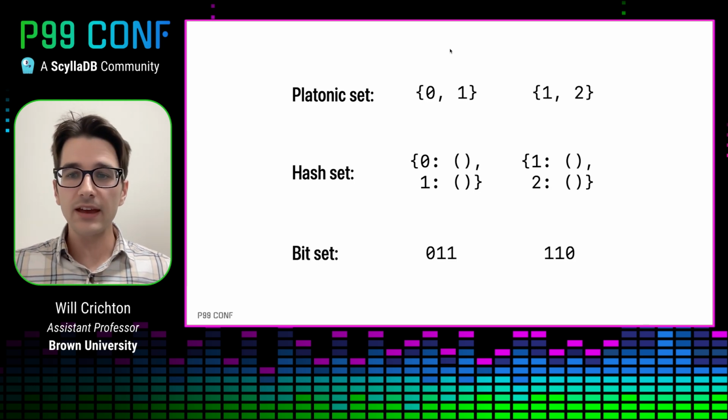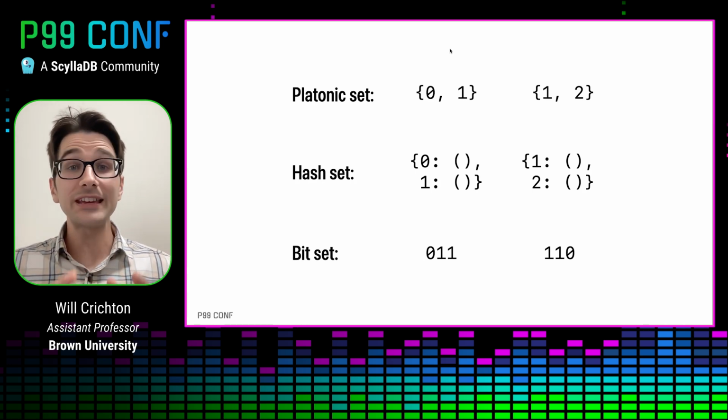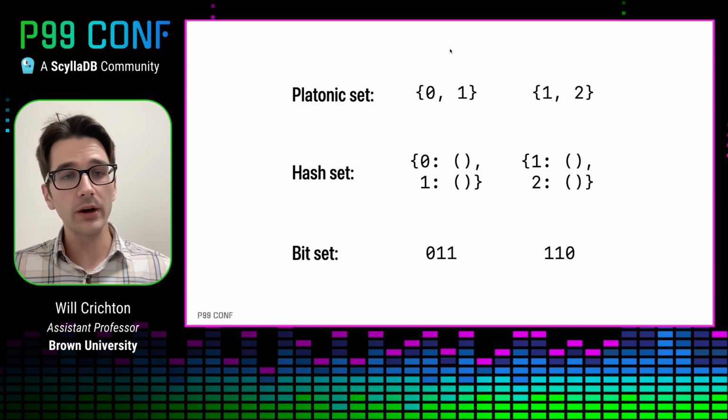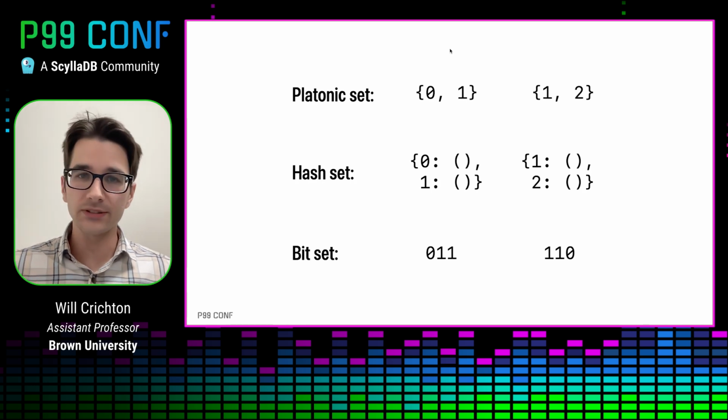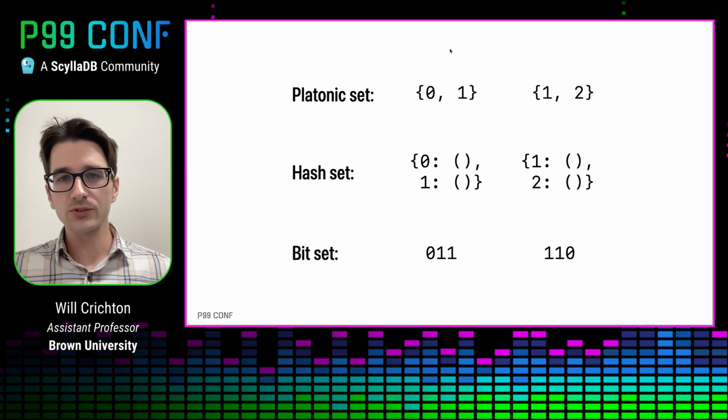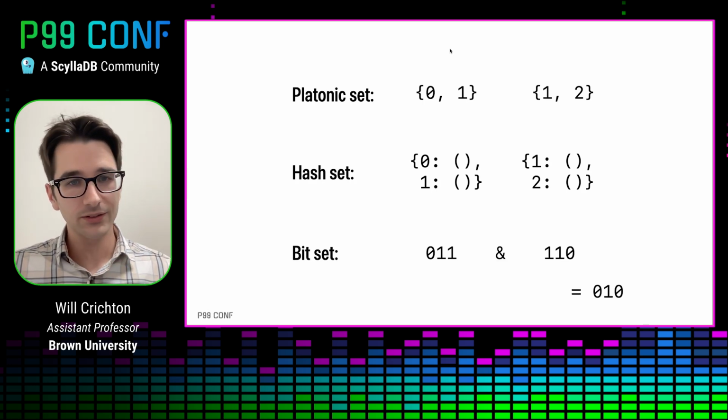So the idea of a bit set is that there's exactly 3 things that could be part of the set. And I represent whether that thing is in the set with a 0 or a 1 at a particular bit. So if my bit set could contain the numbers 0, 1, or 2, then that's represented as a 3-bit number. And the beauty of this approach is that intersecting it is as simple as bitwise AND.